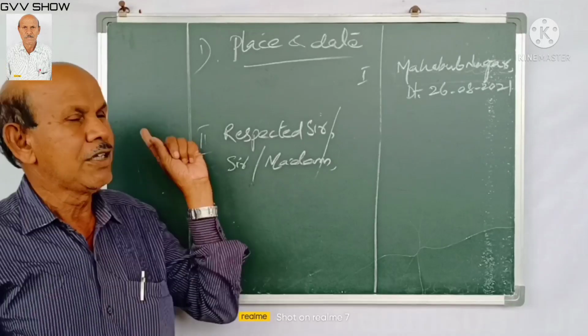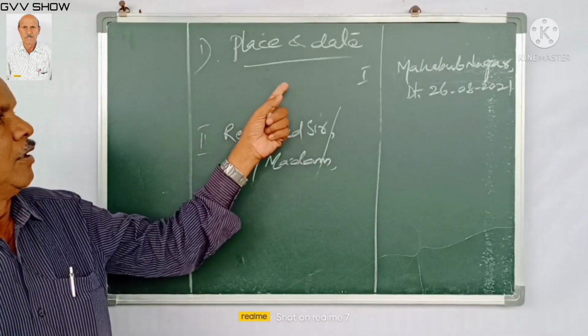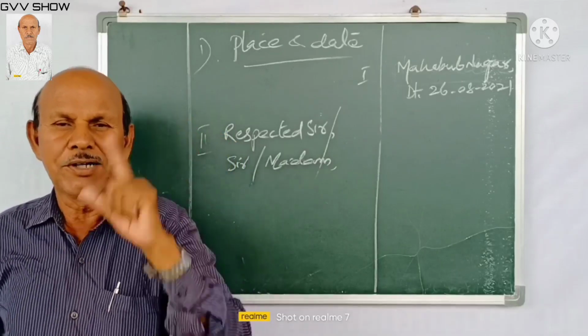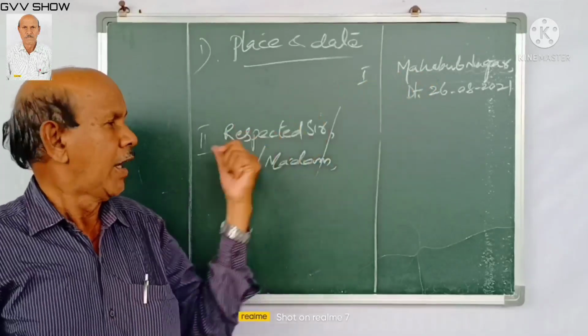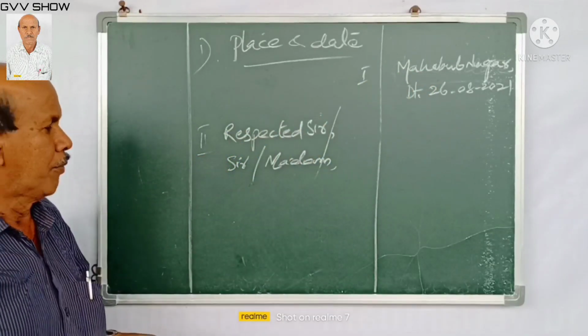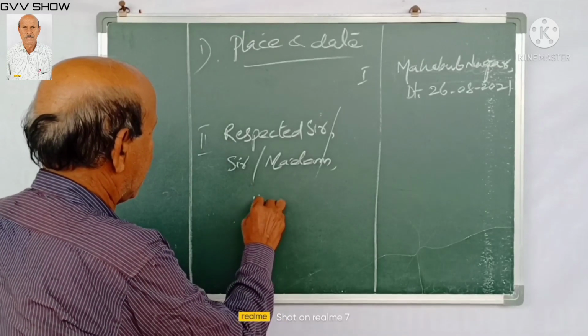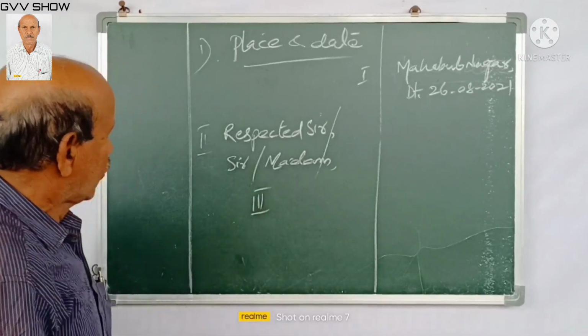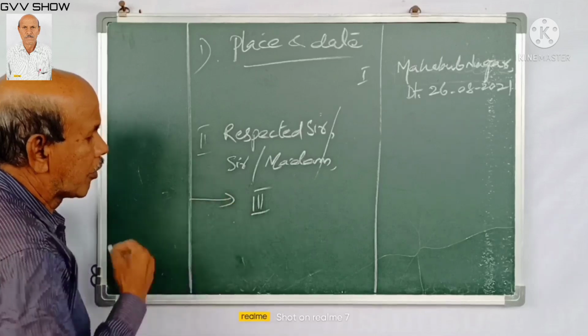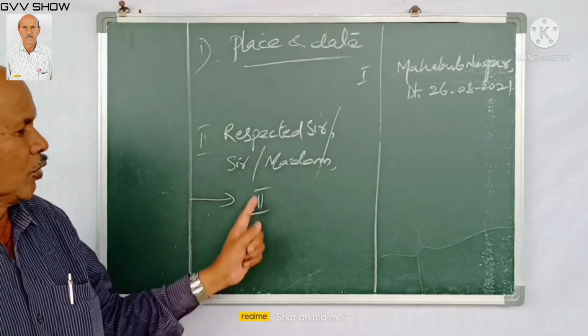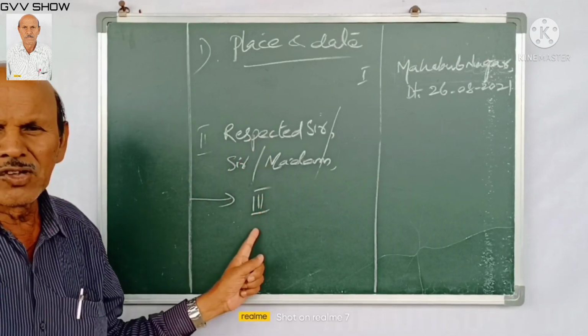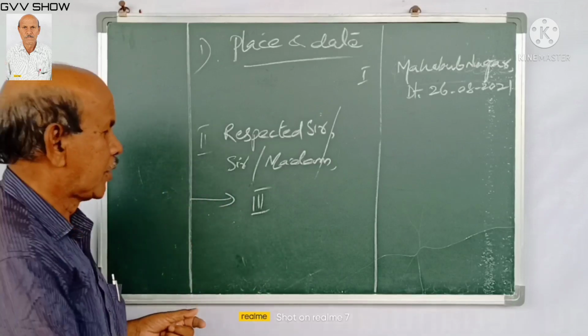So I explained two parts. One is place and date, and second is consolation. Number third, the body of the letter. You leave some space from the margin, and below the consolation you start your body of the letter.